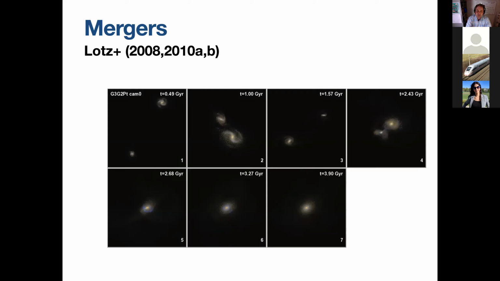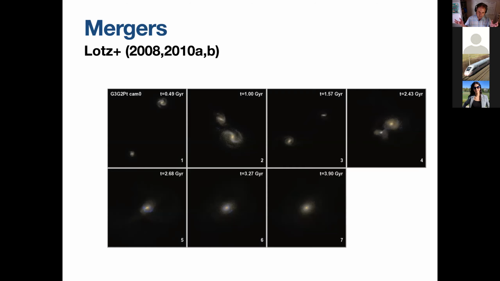That's what Jennifer Lotz did in 2008 and 2010. She published a bunch of papers on a series of simulations where they took two spiral galaxies of the same mass, and different mass ranges, so a 1:3 mass ratio, a 1:10 mass ratio, and just watched how they changed over time.